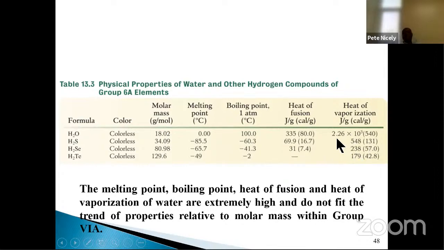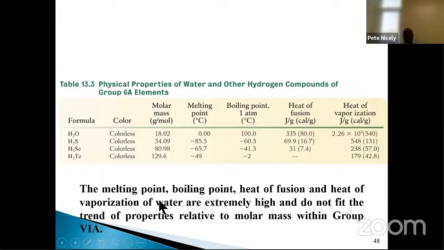As you can see here, the heat of vaporization of water is 2.26 times 10 to the 3 joules per gram. And then you see the next in line is 548 in the case of H2S, 238 in the case of H2Se, and 179 in the case of H2Te, all right?